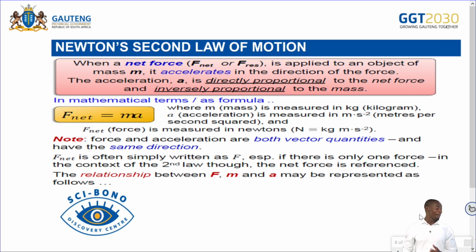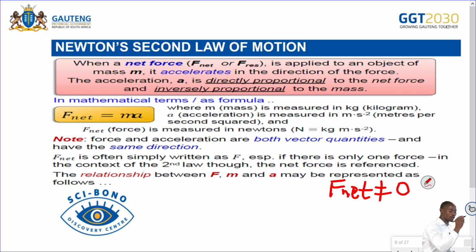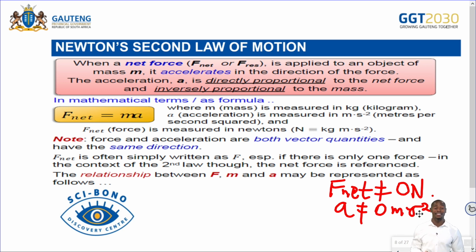It is 0 newtons. Which means that here, with Newton's second law, your net force is now unequal to 0. If your net force is unequal to 0, then your acceleration is also unequal to 0. This is very, very important. Okay, so that is the difference between Newton's first law and Newton's second law.